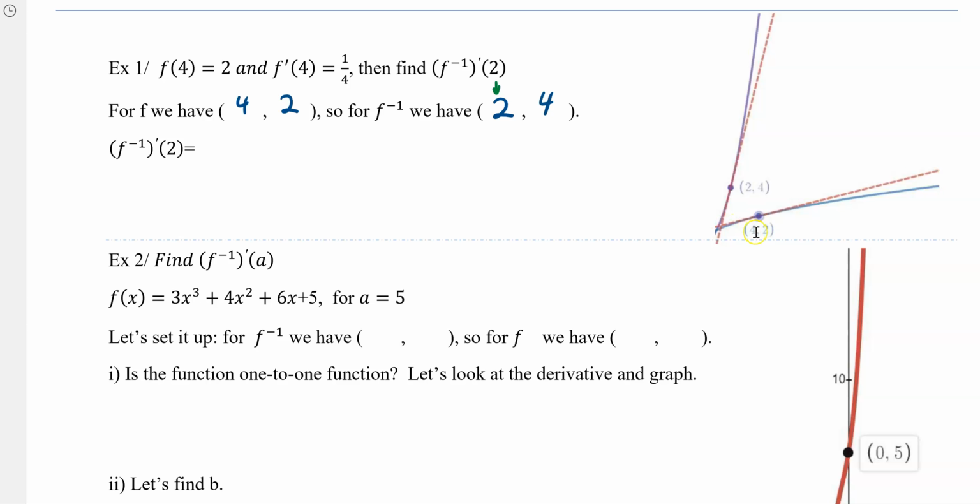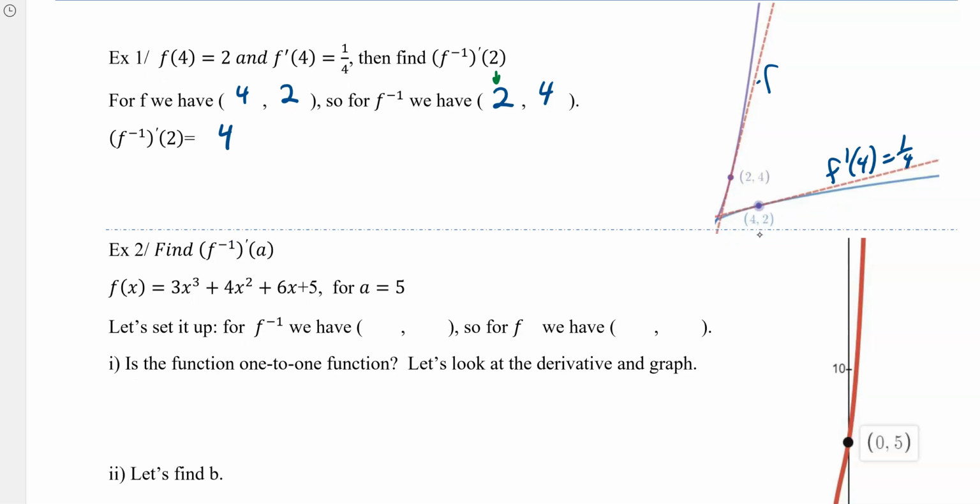So we know at 4, our f prime of 4 is equal to 1/4, which means if we take our inverse and the derivative and we plug in the y-coordinate of our function, it will give us the reciprocal, flipping it. So that means that our inverse derivative at 2 is 4.